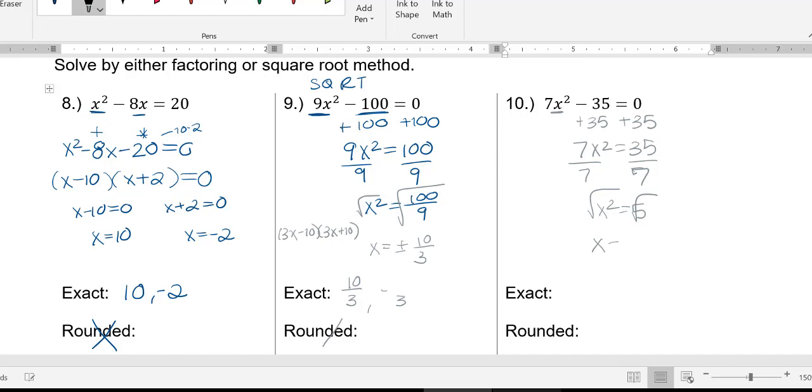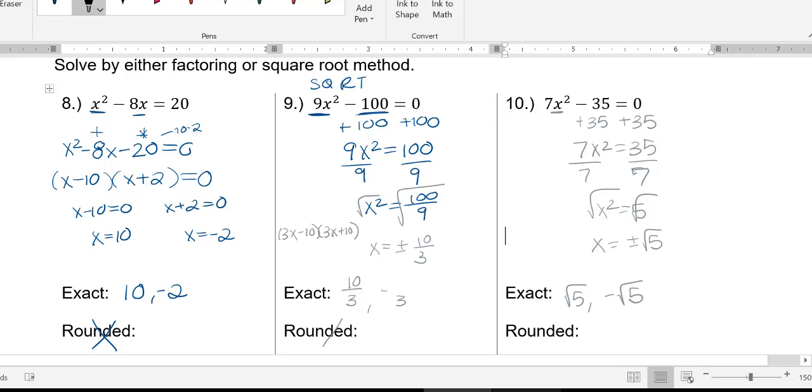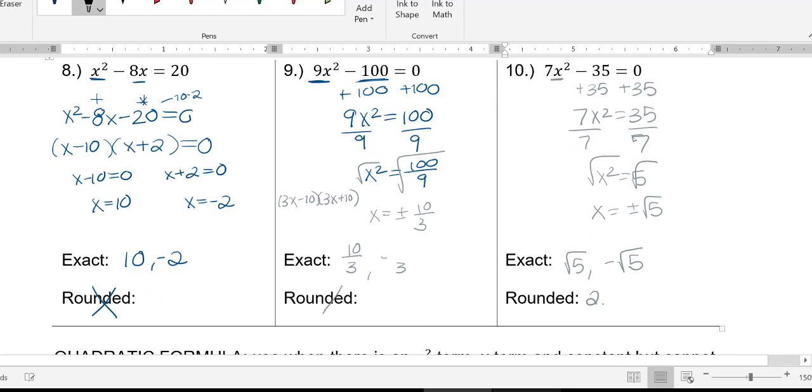When I take the square root, I get both the positive and the negative square root of 5. So I have my two solutions, root 5 and negative root 5. Rounded values, 2.24 and negative 2.24.